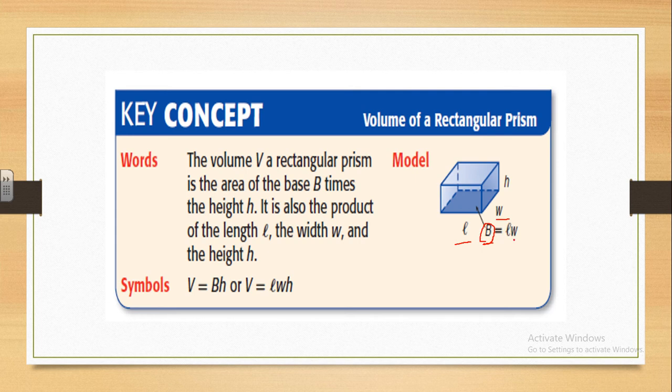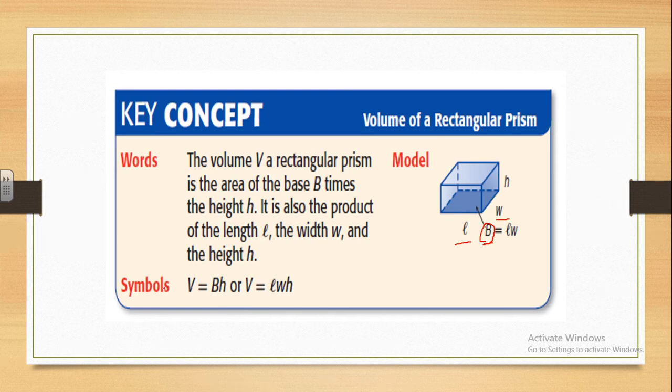Until now I didn't tell you the rule of the volume. Now let's see it. Volume equals length times width times height. See, it's so easy. In any question you will have three numbers; just take these three numbers and multiply them together. Maybe the question will give you the area of the base and the height.